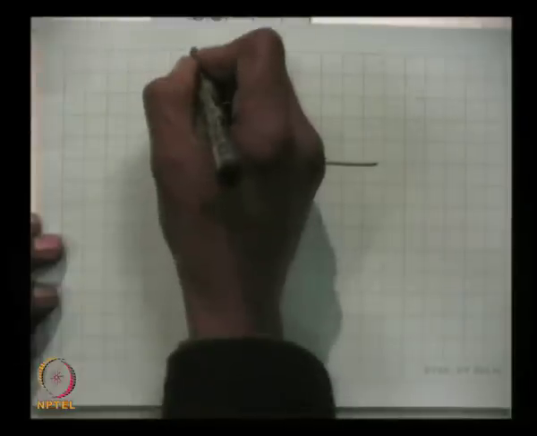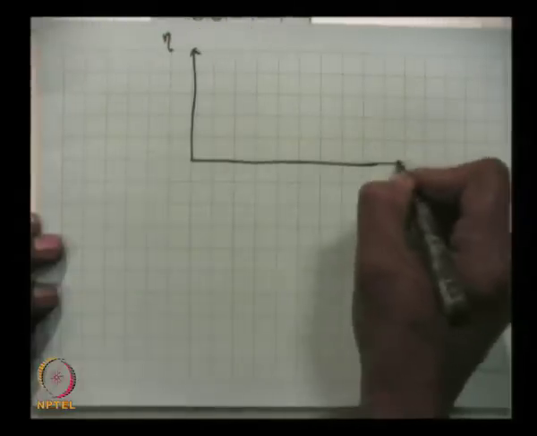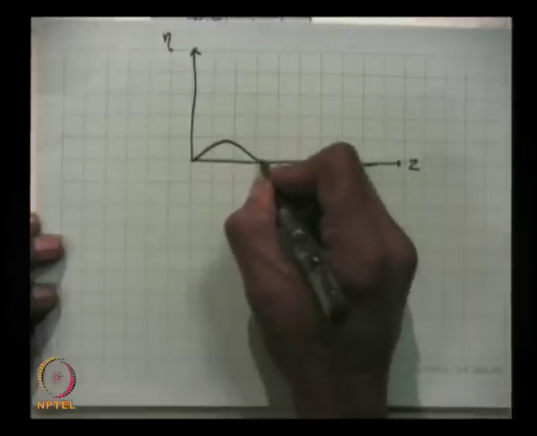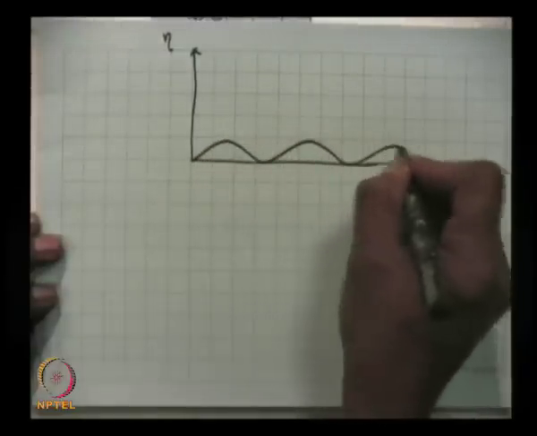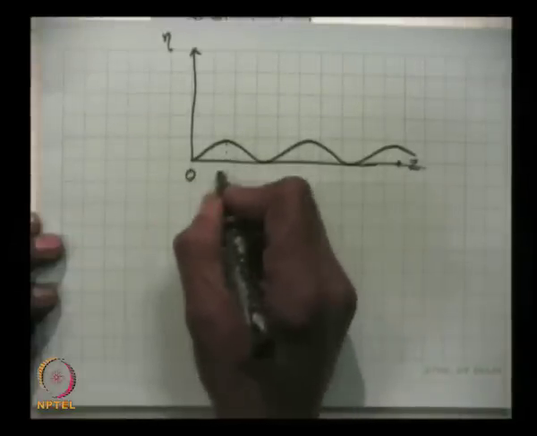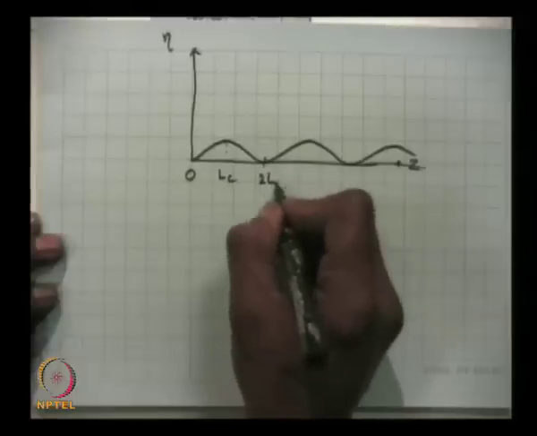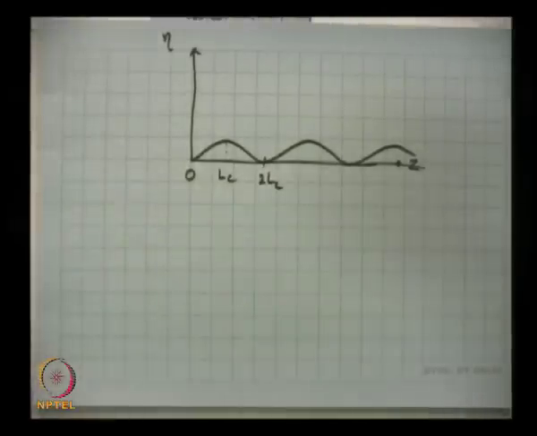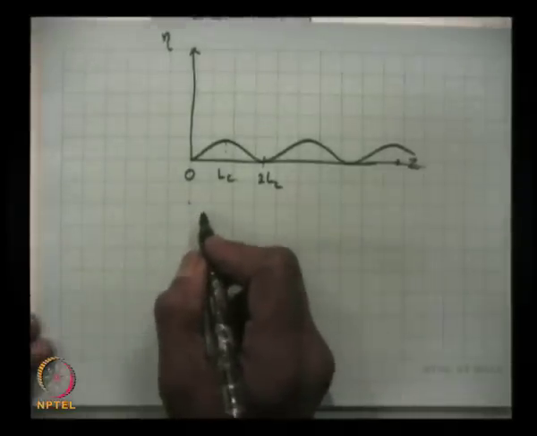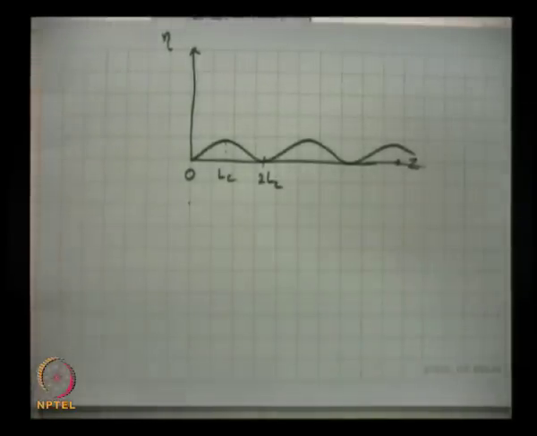If I look at efficiency versus z with delta k equal to 0 with no quasi phase matching, it was going like this. This was the coherence length. Now, what is happening in this d?